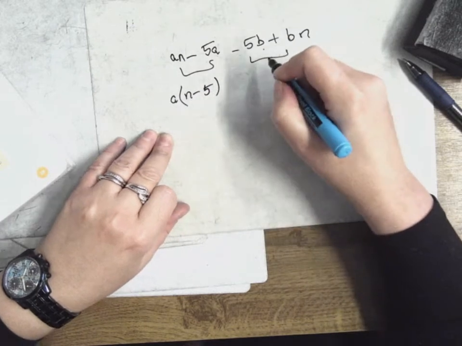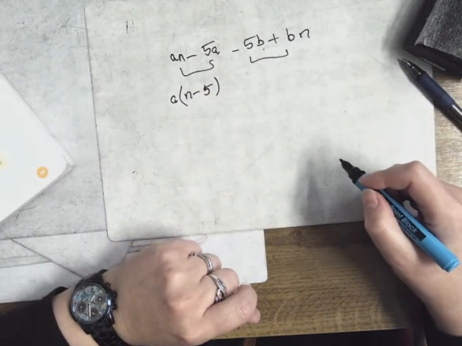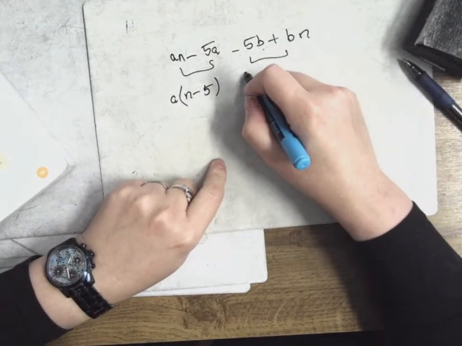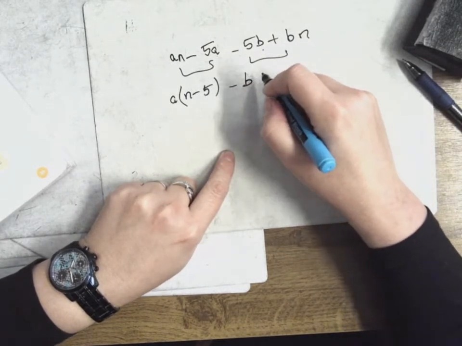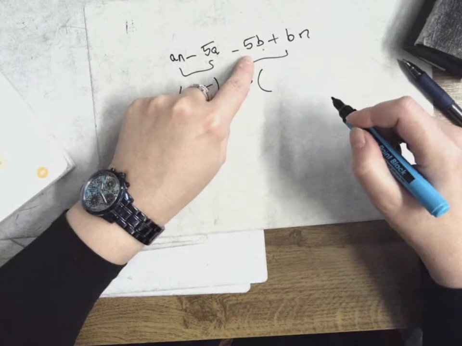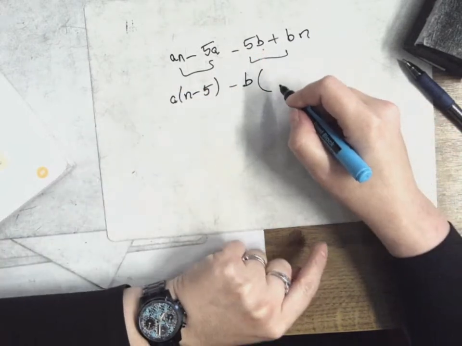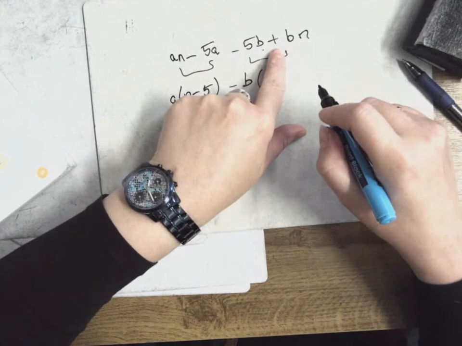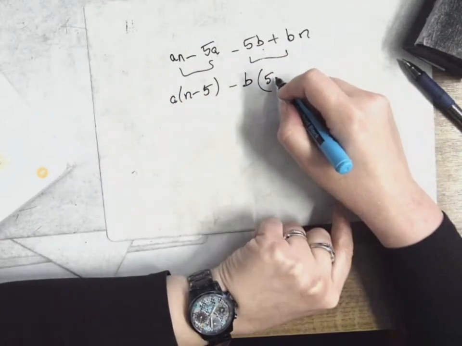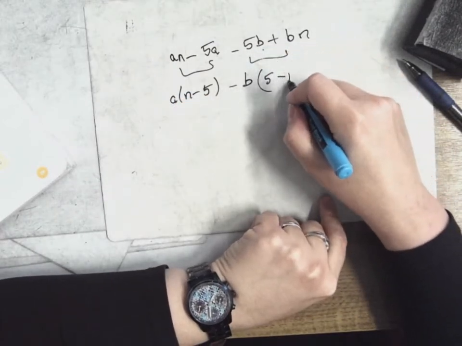Now out of the second two, what's common? B. Will I take a plus B or a minus B? Well, let's take a minus B. What's left? You took the minus and you took the B. What's left? 5. If you took out a minus B, what happens to this sign? It changes and the B is gone, you're left with an N.